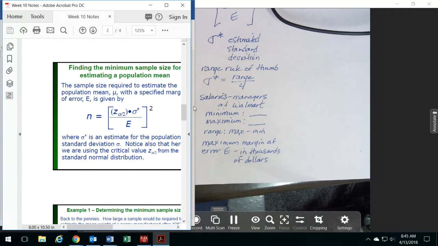If we're going to say that we think that the average Walmart manager's salary is between this number and this number, how far apart would you think was reasonable for those two to be? I mean, would you think it was reasonable to have an interval that was $5,000 wide or $10,000 wide, or just make an estimate for yourself?